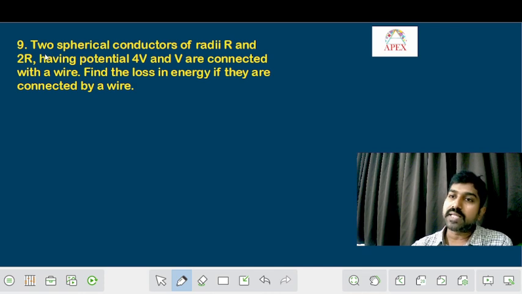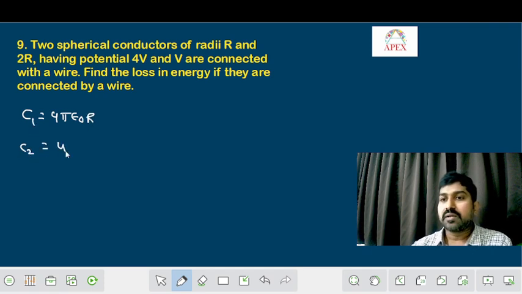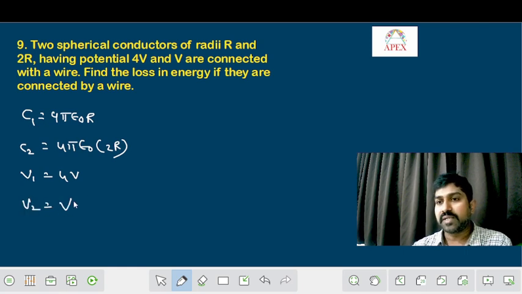We know here that when two spherical conductors are given of radii R, then what is the capacitance formula? For an isolated spherical conductor, capacitance is 4 pi epsilon naught R. That is C1. For the second one, 4 pi epsilon naught into 2R. And voltage V1 is 4V given, and voltage V2 is, for the second one, V given.